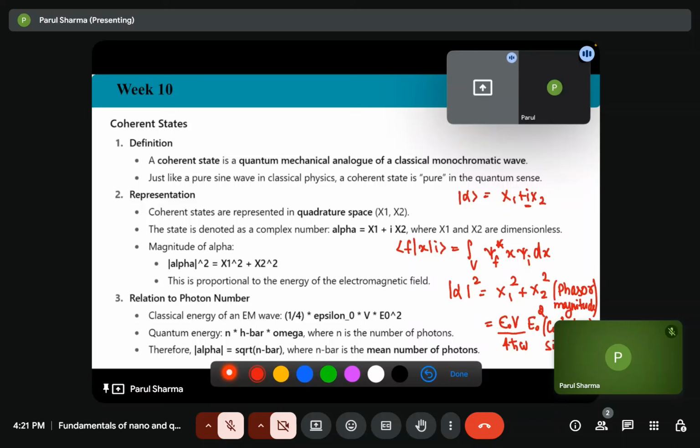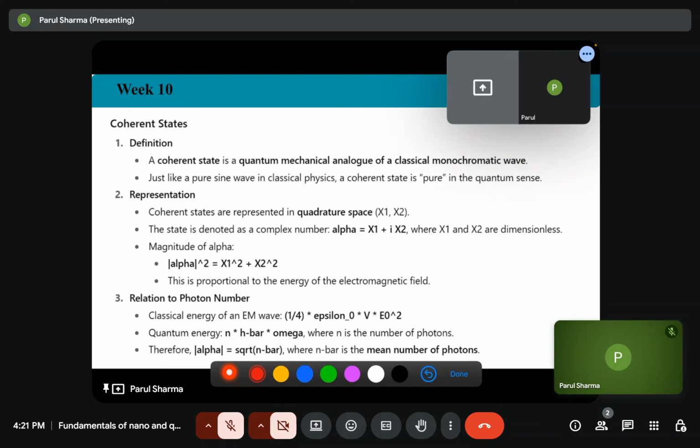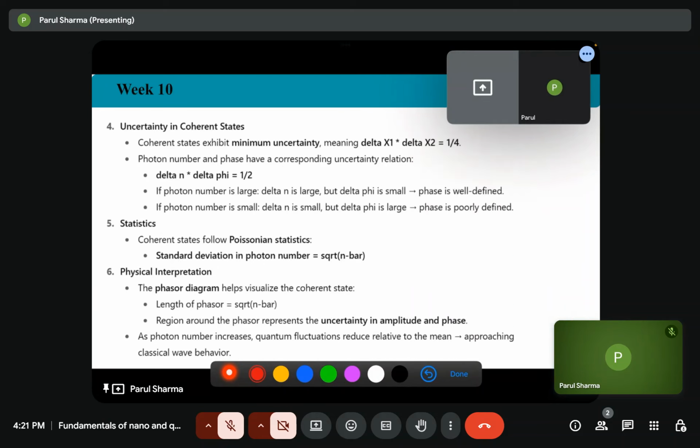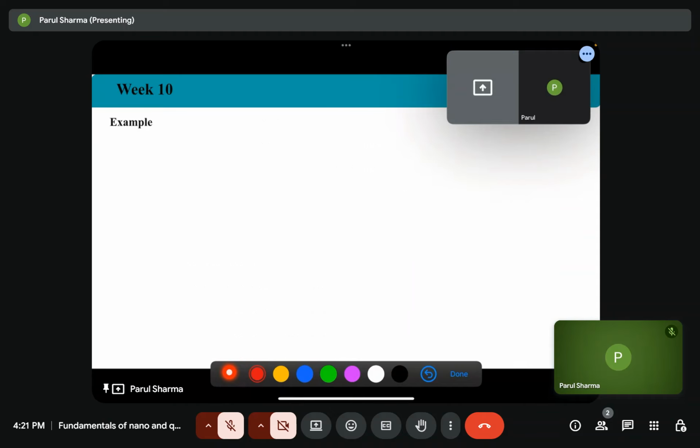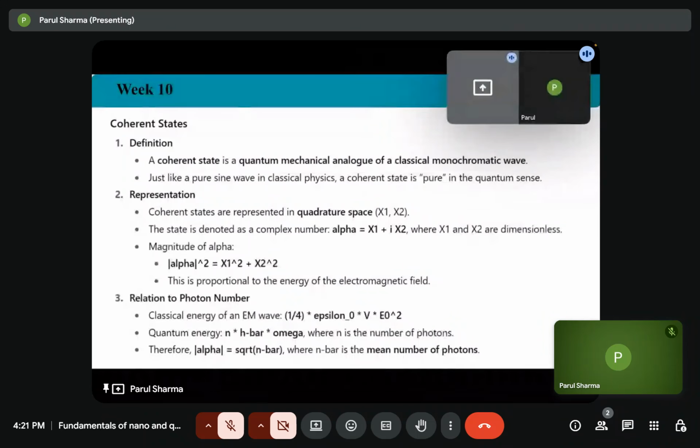So how can we understand the physical interpretation?